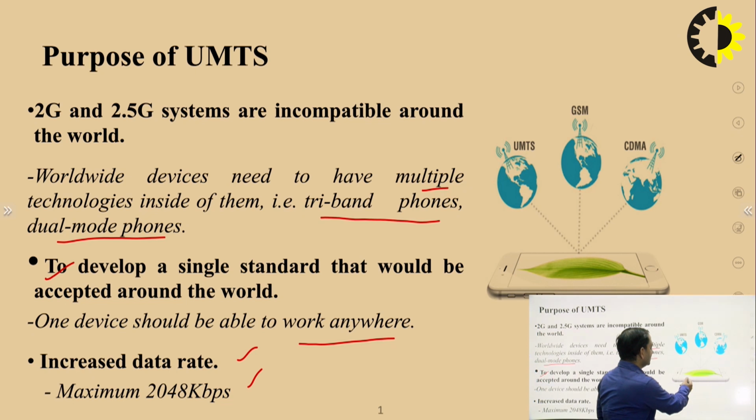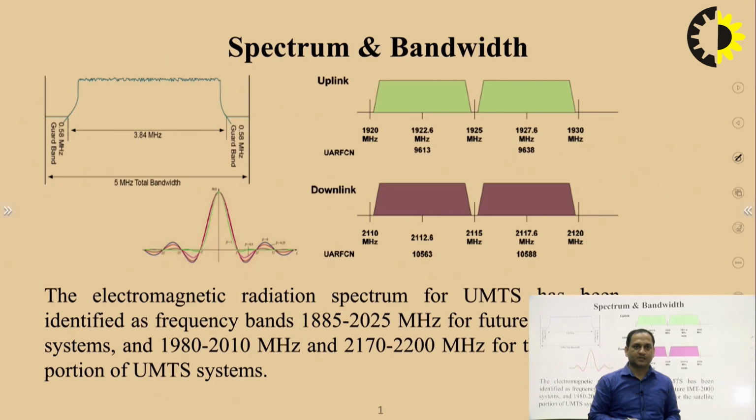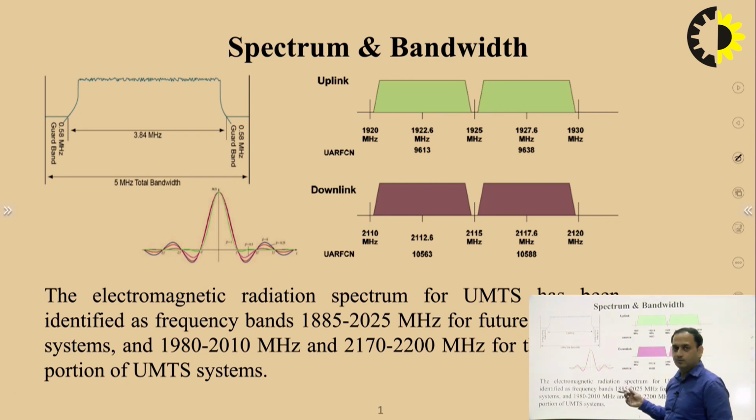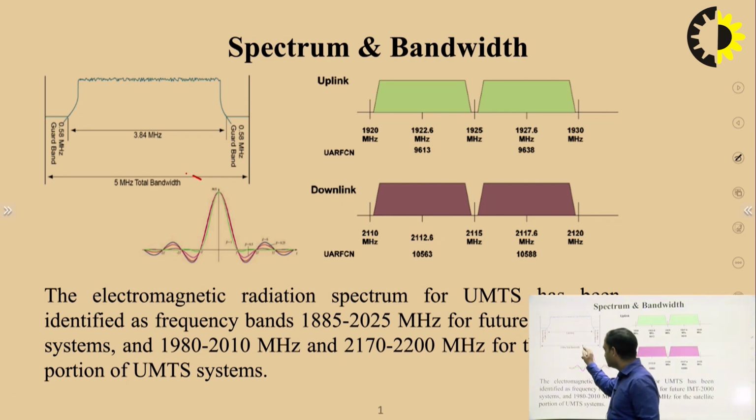So this is a phone which comprises UMTS, GSM and CDMA. It was accepted universally and globally in the market. Now when we talk about the spectrum and bandwidth, as we said, this is WCDMA.